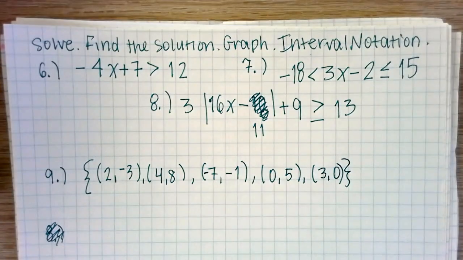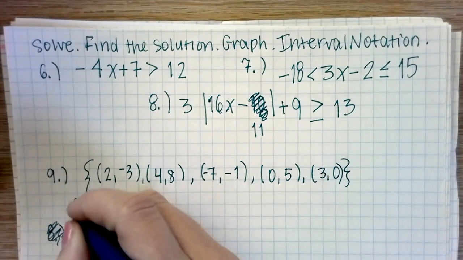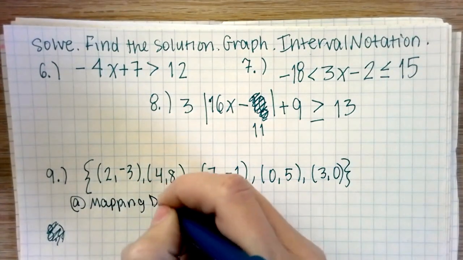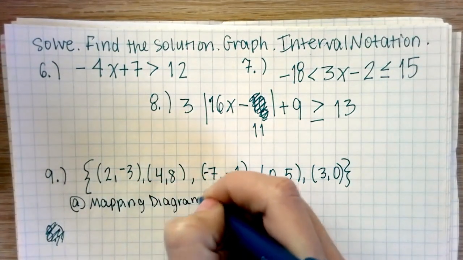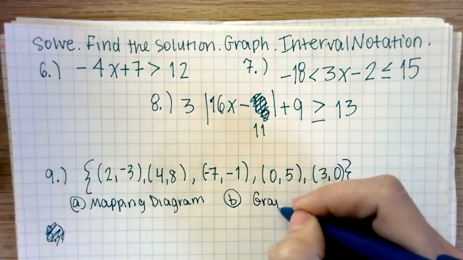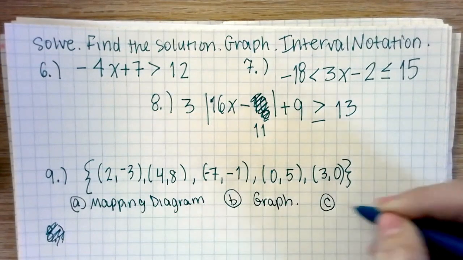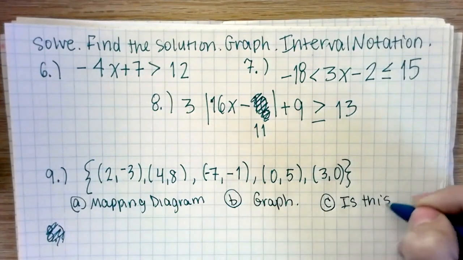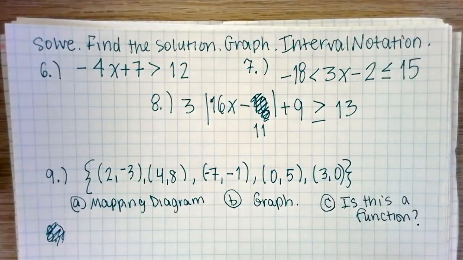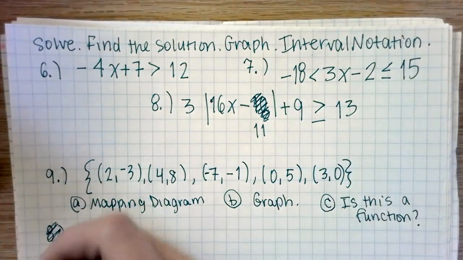Okay, so I give you a set of ordered pairs, and I ask you, part A, make a mapping diagram. Will you do that correctly? Will you lose points for anything? Part B, make a graph. Part C, is this a function? Something like that. Okay, so there's number 9.